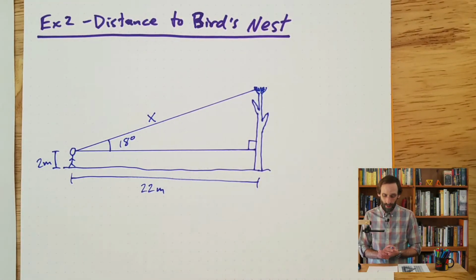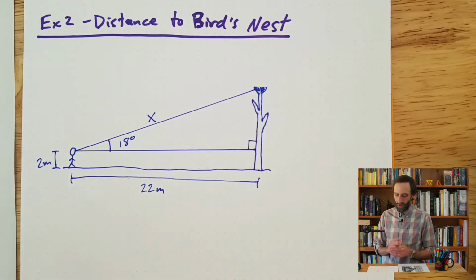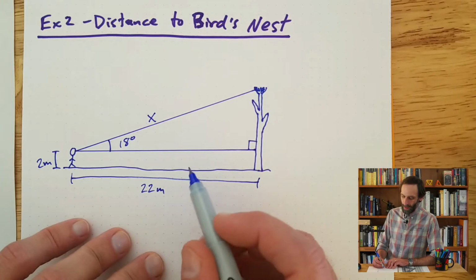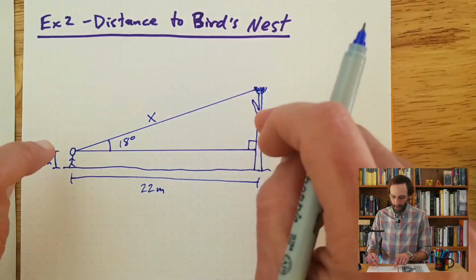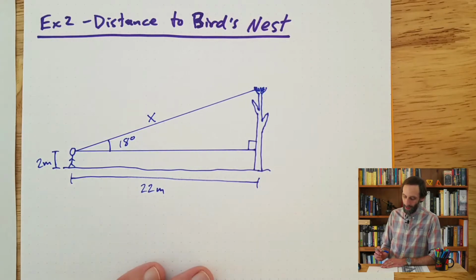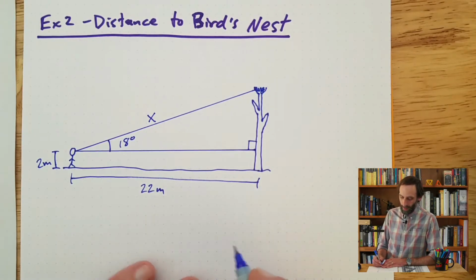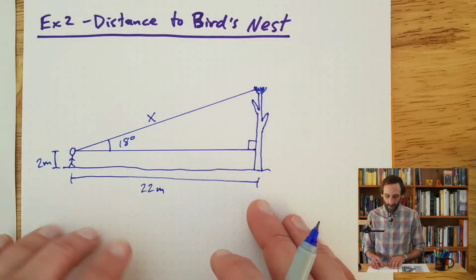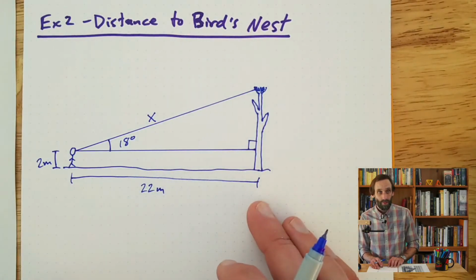Okay, so as I shared with you in the previous lesson, one approach to this is just to simplify this down and turn it into a unit right triangle. And the way to do that is to divide every side by the value of the hypotenuse, right?